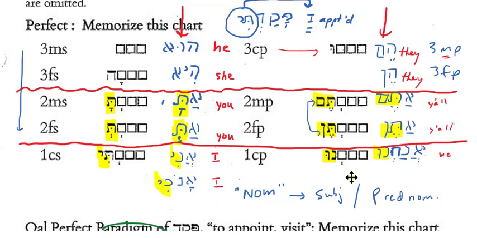They all begin with what consonant? They all begin with a he. All of them, right? Hu, hi, hem, hen. H, H, H, H. I think that's in honor of Houston. So there you go.